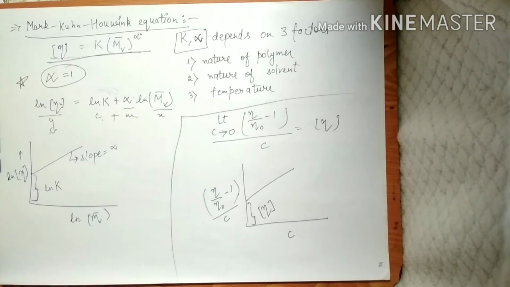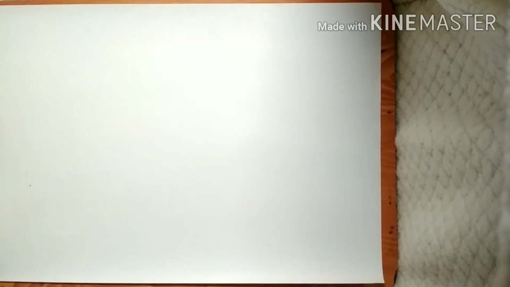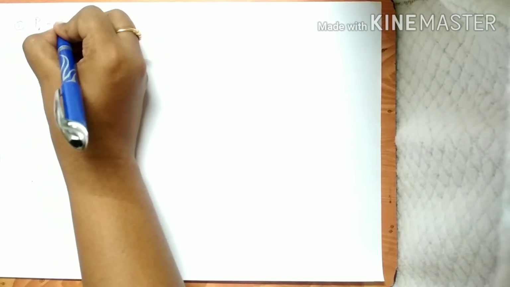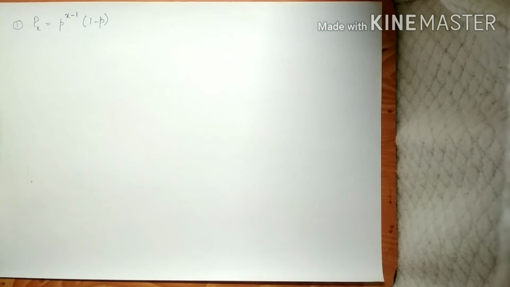Now we'll move on to the last topic, based on the Flory equal reactivity principle, some of the formulas related to probability. The first formula is Px is equals to small p to the power x minus 1 into 1 minus p. Now we are going to define all these terms. Here Px is the probability of x-mer formation.